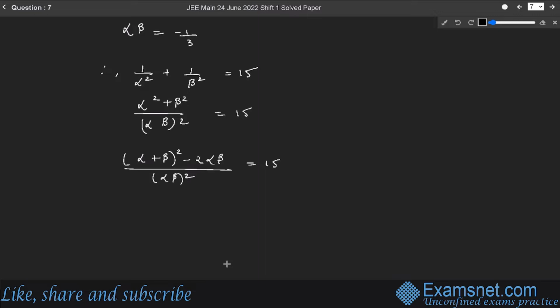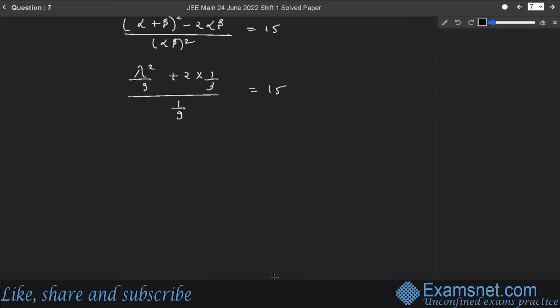On putting the values for alpha plus beta and alpha into beta, it becomes lambda square upon 9 plus 2 into 1 by 3, divided by 1 by 9, is equal to 15. Therefore, (lambda square plus 6) divided by 9, upon 1 by 9, is equal to 15. So lambda square plus 6 will be equal to 15. Lambda square will be 9.